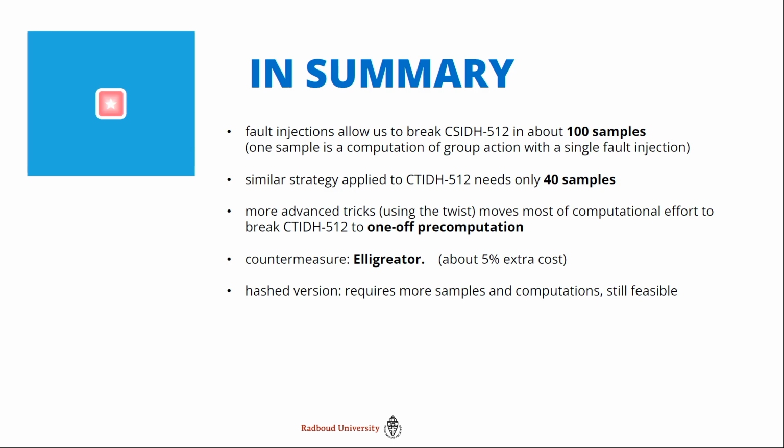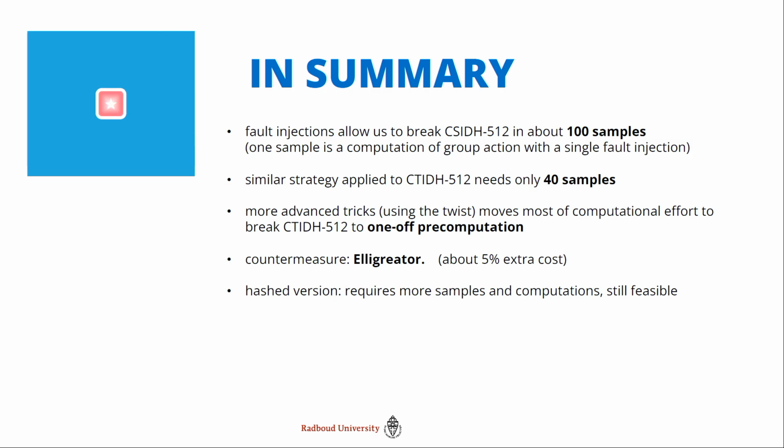Can you comment a bit about the different versions of CSIDH, how they are more resistant or not to this attack? Yeah, so as you see here, CSIDH-512 would need about 100 samples, and then CSIDH-512 with the twist only 40. But then you also have a variant such as SCALE-CSIDH, and in that, because of very technical reasons, you would need many more samples, because you also go to much larger primes.